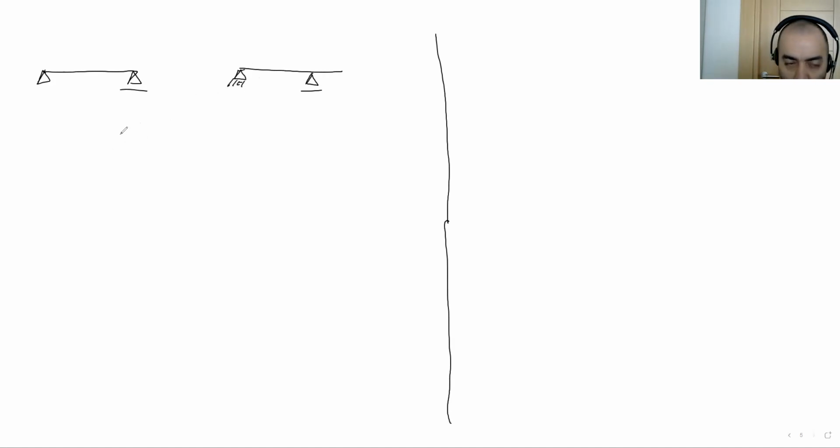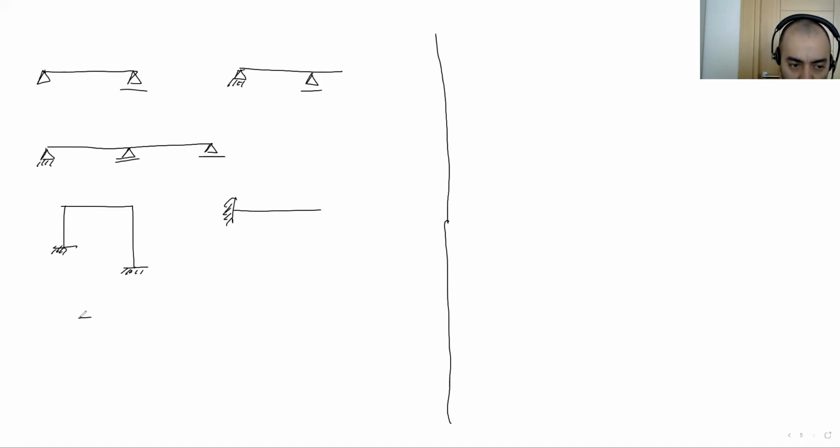You can see continuous beams like this. You can see frame systems, or cantilever members, or truss systems, you know.